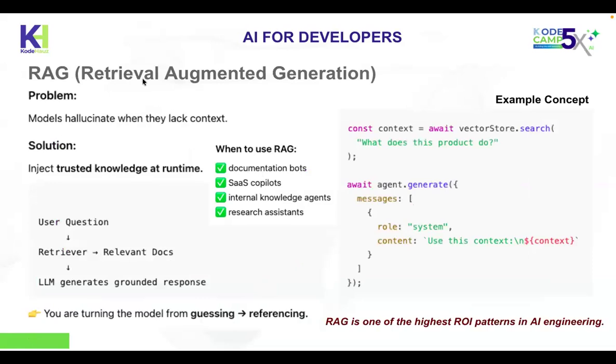Then, of course, we have RAG. We already know what RAG is. RAG basically allows you to bring external knowledge and inject it as context at the point when you are querying the LLM. And the LLM can look into that context and give you a more useful response, right? So essentially, RAG grounds the LLM in real facts, in real knowledge, rather than allowing it to hallucinate.